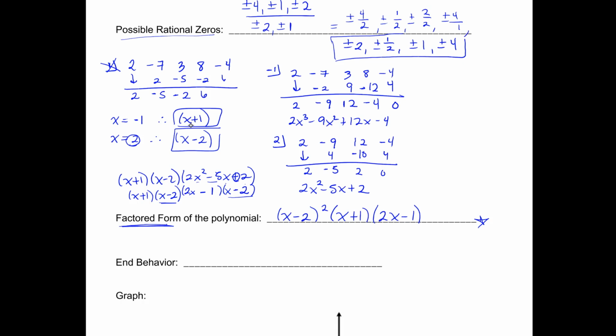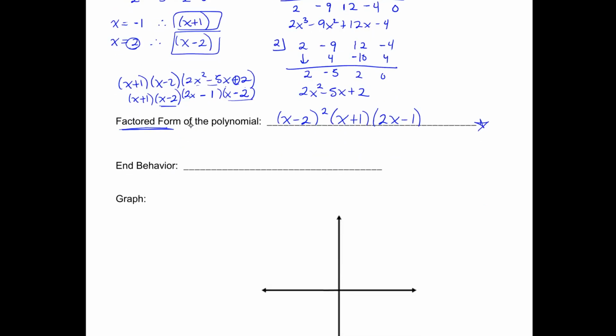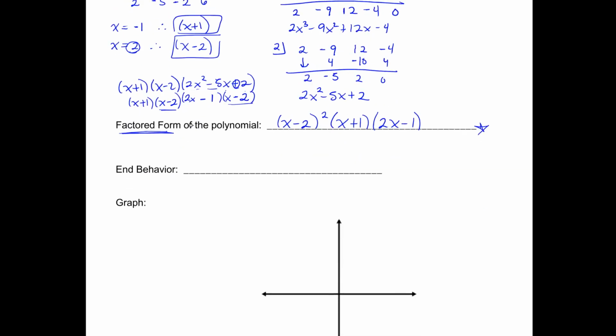So now, how can I use this to help me graph? This is similar to what you did on your quiz. It's all coming together. First of all, if I think about the original polynomial, it's a degree of what? 4, and it's positive, so what will be the end behavior? Up, up.